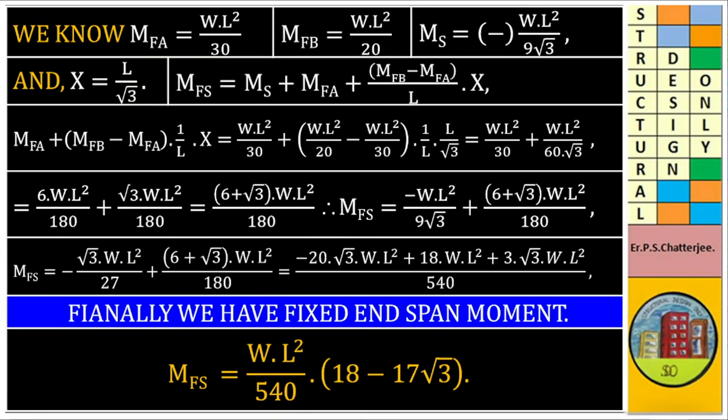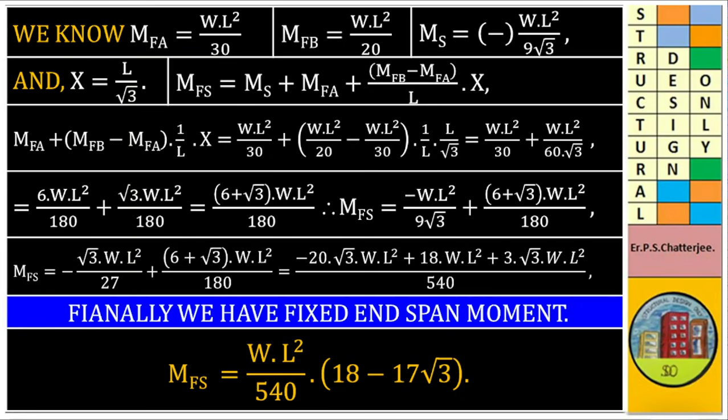MS is equal to minus W L square by 9 root 3, and the distance of the point of contraflexure from the left hand support is equal to L by square root of 3.